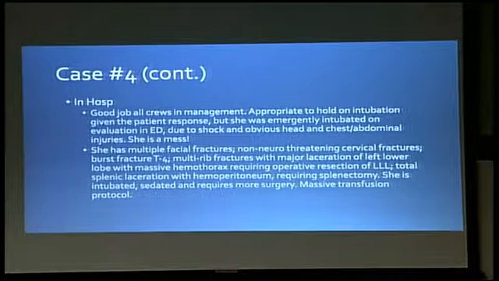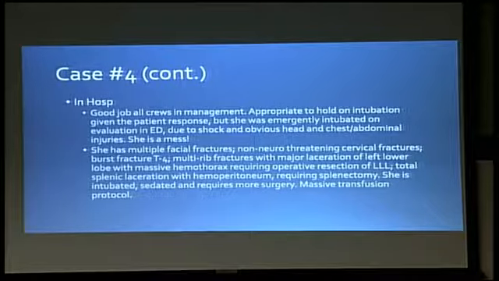She had multiple facial fractures, many of them, some open mostly, but a lot of facial work to do. She had non-neuro-threatening cervical fractures, meaning they were all posterior elements. They weren't involving the cord itself. A burst fracture of T4, which is a bit of a problem because that could do some neurologic damage.